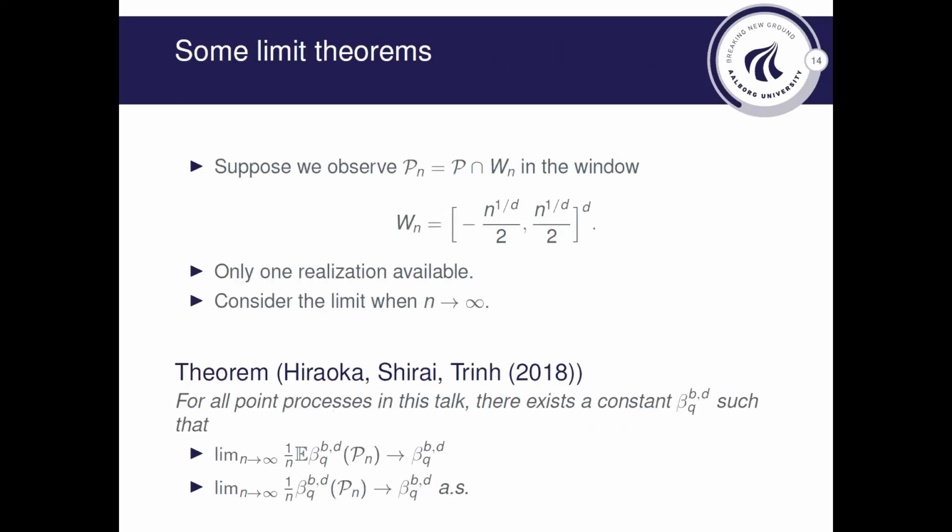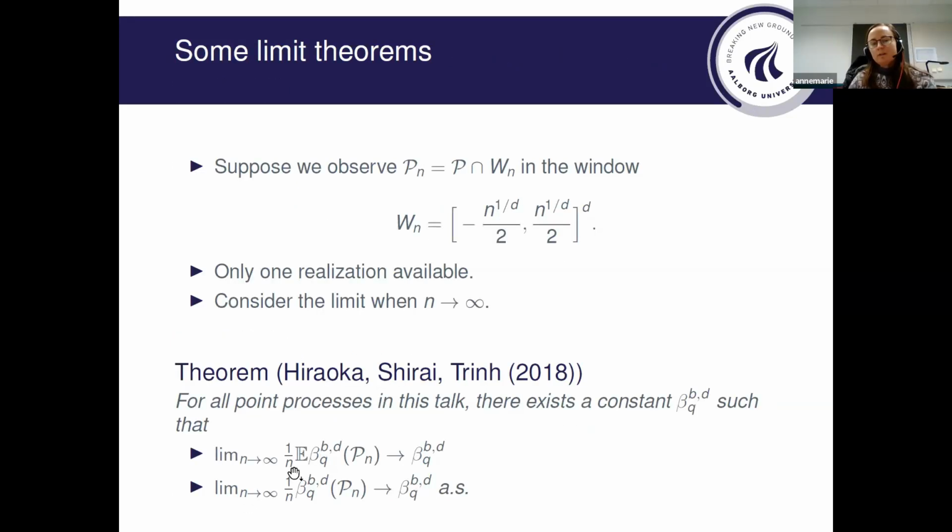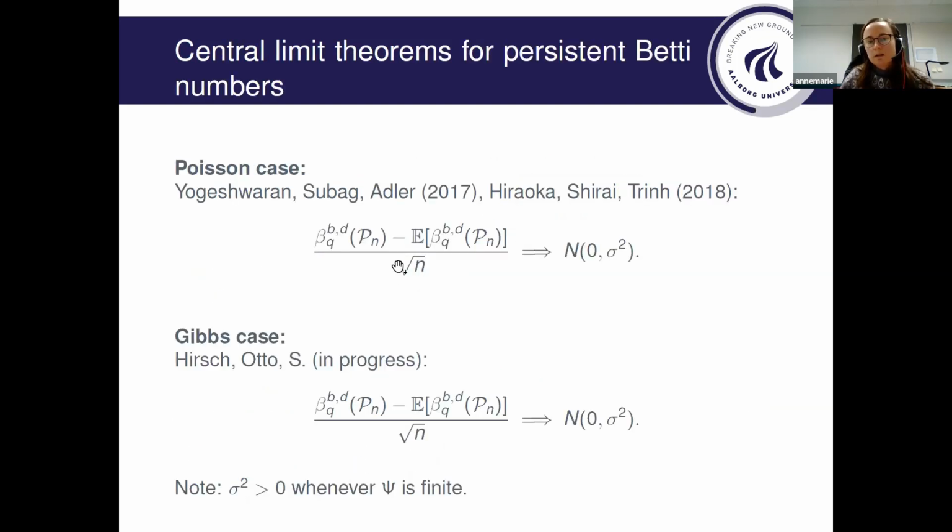Yes, please. Yeah, okay. So here you're scaling by 1/n. So this is like your average. So you compute Betti numbers from the whole window and divide by the volume of the window. So you can think of it as a kind of average Betti numbers in your window. Here we're only scaling by the square root of n.